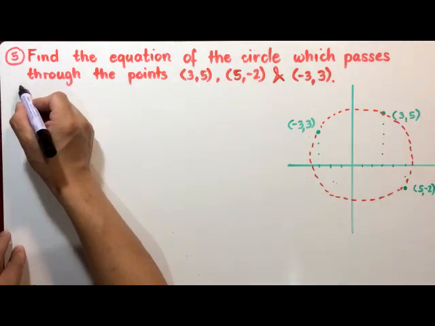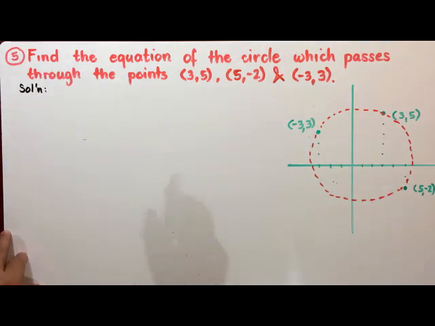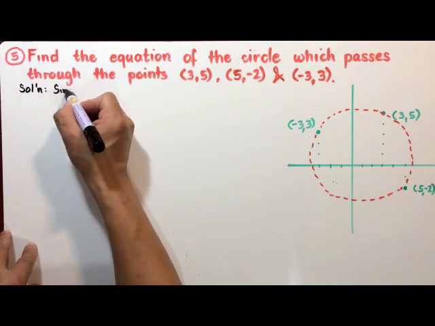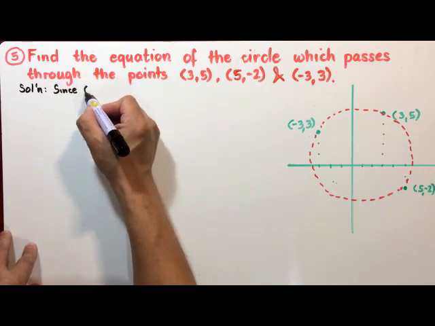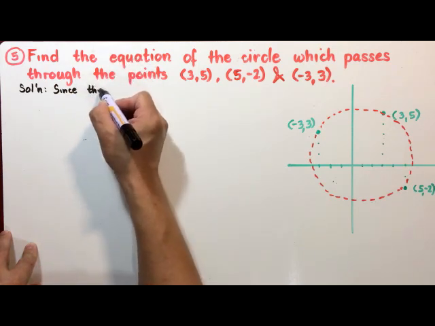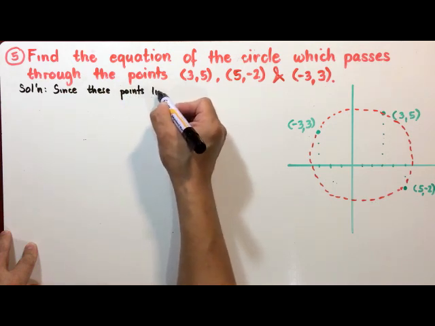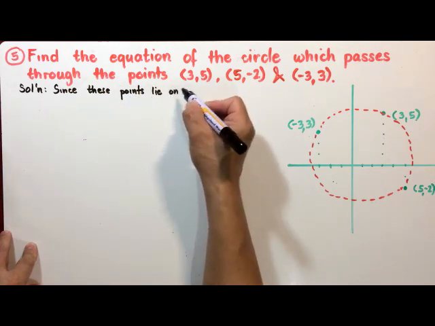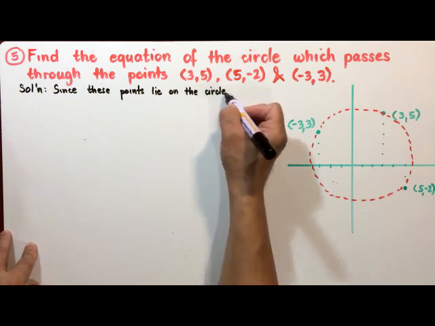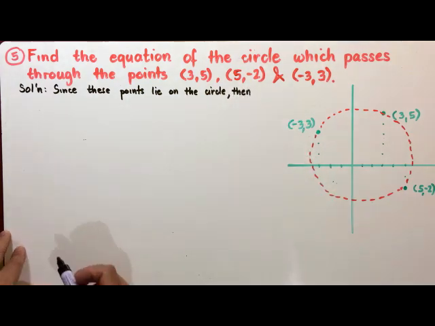Because the 3 points lie on the circle, then they satisfy the equation of the circle. So we'll say here, since these points lie on the circle, then they satisfy the equation of the circle.